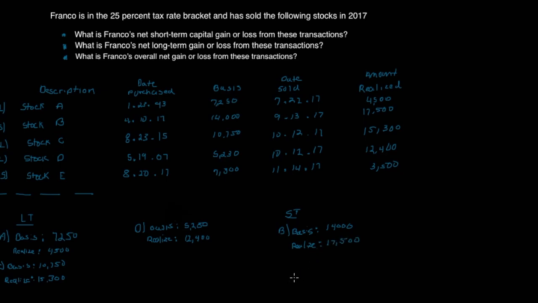And then we have stock E, and that is a basis of $7,300, and a realized amount of $3,500.